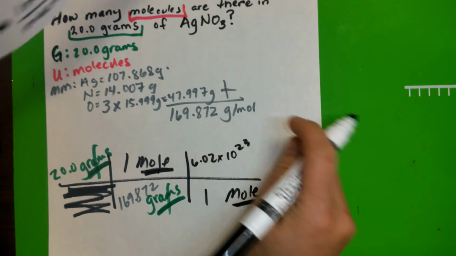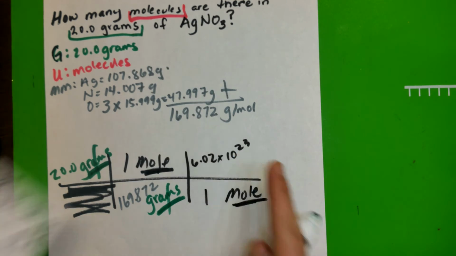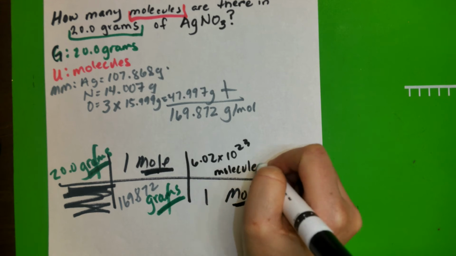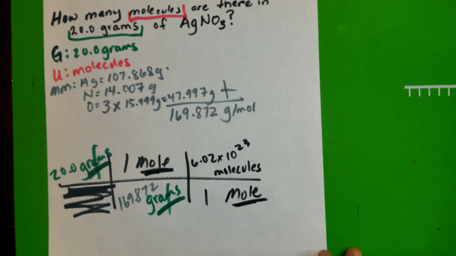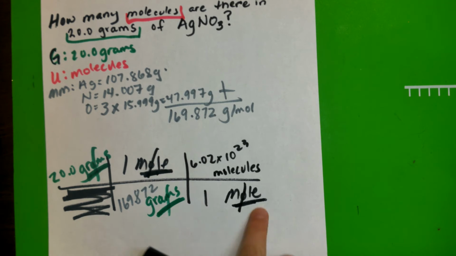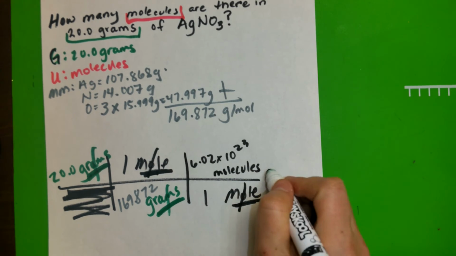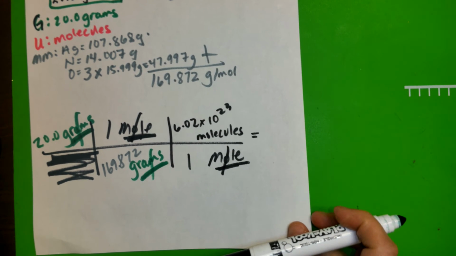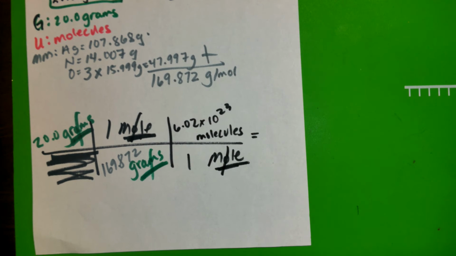We're going to stick to the story, so instead of particles, we're going to put molecules. These cancel out, and you just convert from grams to moles to molecules, and basically that is conversions.